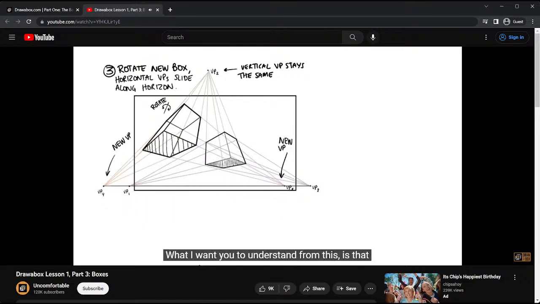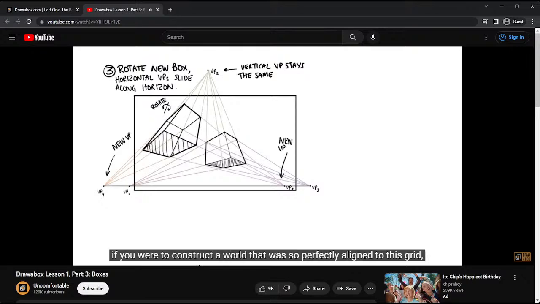What I want you to understand from this is that a scene can have all kinds of objects that are not aligned to each other. You can have an infinite number of sets of parallel lines, and therefore an infinite number of vanishing points. You are not going to have a single scene that is dominated by just 3 vanishing points.